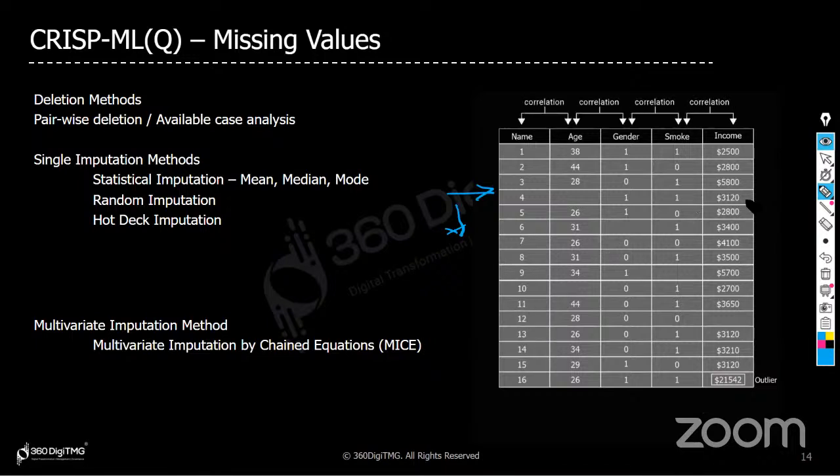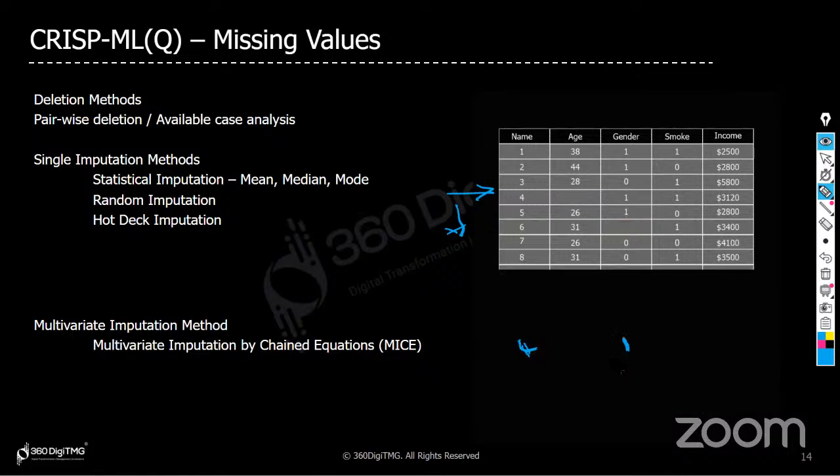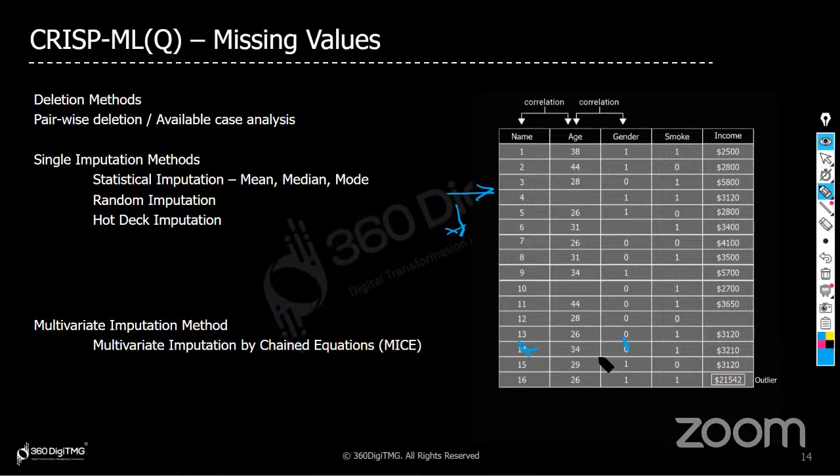Imagine this is 3120, this is one, this is one. So imagine I have all these values matching with the fourth record. Whenever I find a match, the value present in that column of the matching record will replace the missing value. That is called hot deck imputation.